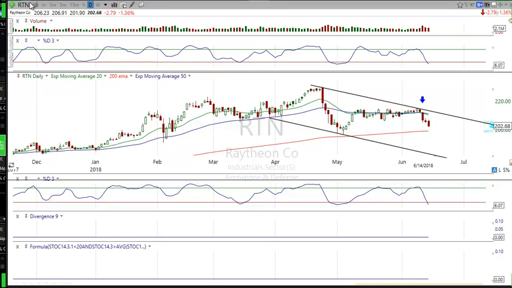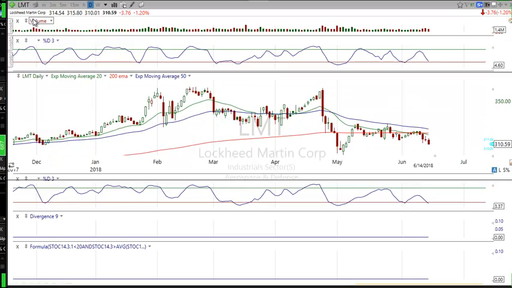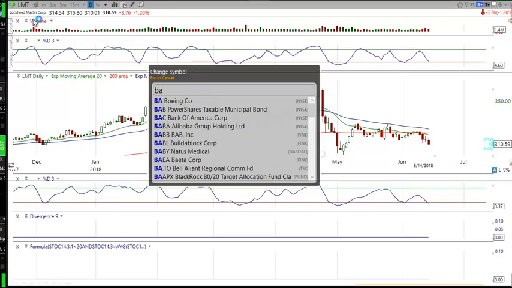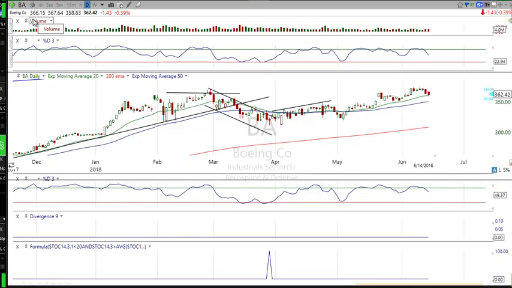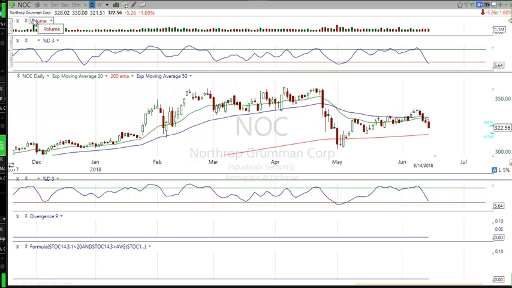Simple. So all those stocks, the Raytheons, the Lockheed Martins, LMT, all pushing back down. One stock that's holding the trend, Boeing. Boeing actually had a contract awarded to it after the close today. I don't just watch that one. RTN, NOC is the other one. All these here breaking down.